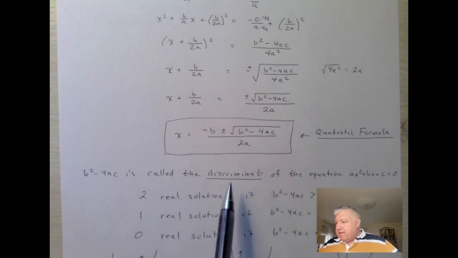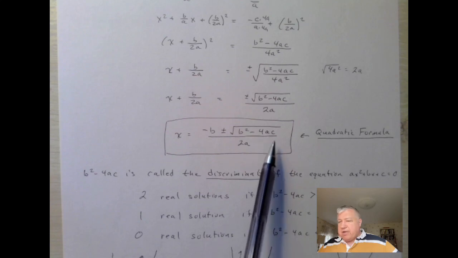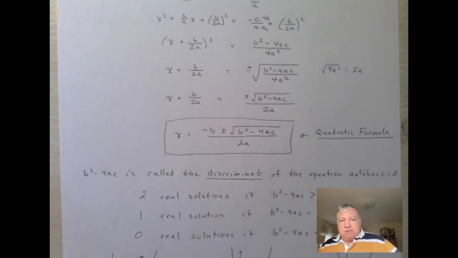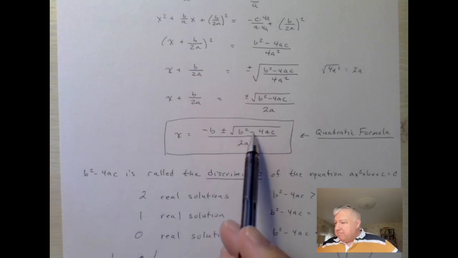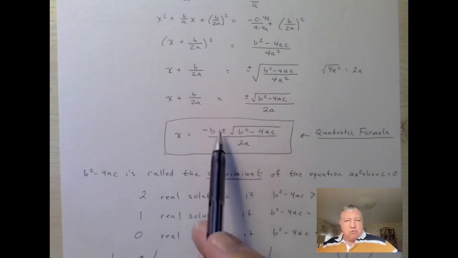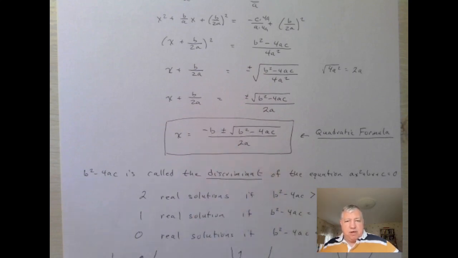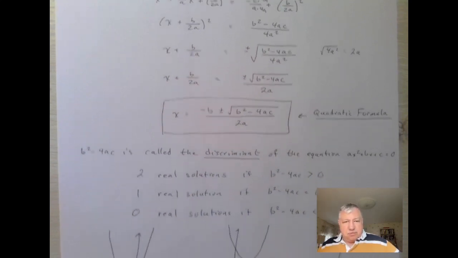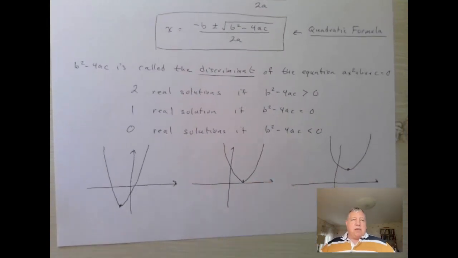And if b squared minus 4ac happens to be 0, then the square root of 0 is just 0, so we just get negative b over 2a, and we have one solution. So that's why b squared minus 4ac is important. We can just look at this and determine how many solutions we have without necessarily computing them.